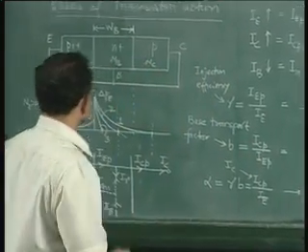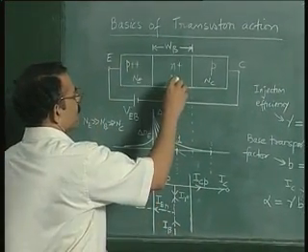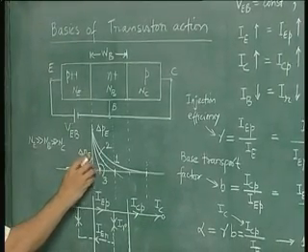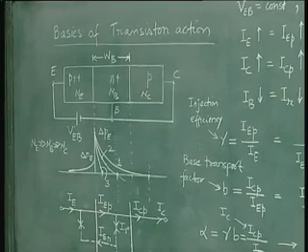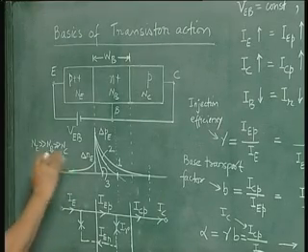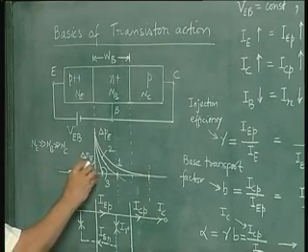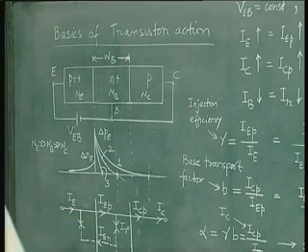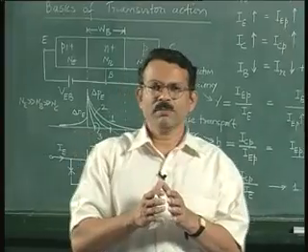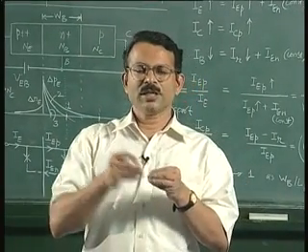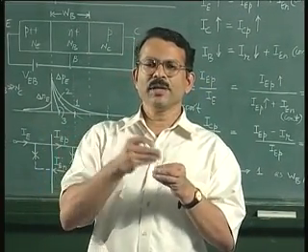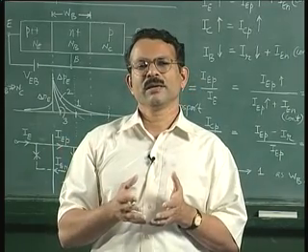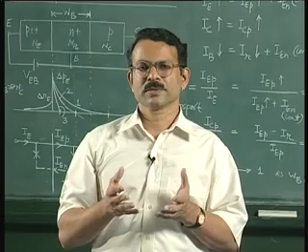Why? Because look at the resistance of these two junctions. A forward bias junction obviously has a lower resistance than a zero bias junction. So you are transferring the current from across a lower resistor to a higher resistance. Now obviously if you transfer the current from a low resistance to the high resistance and during the transfer you do not lose the current, evidently you are going to have a gain in the voltage and power.